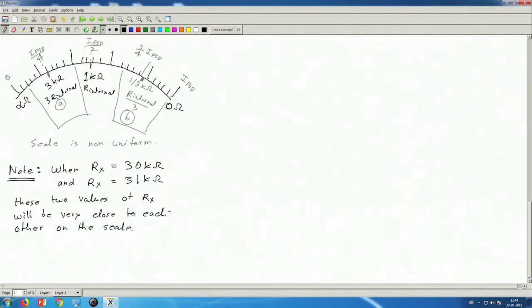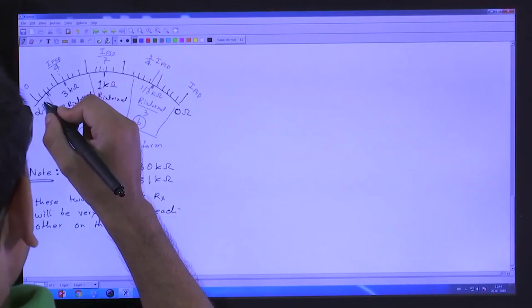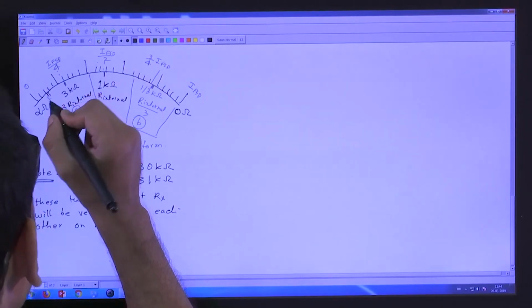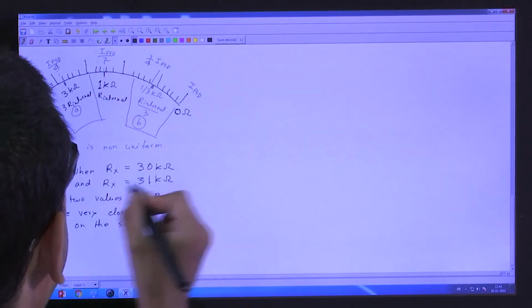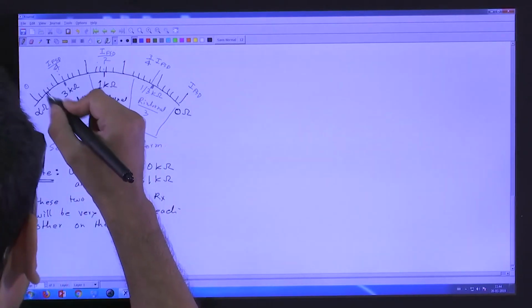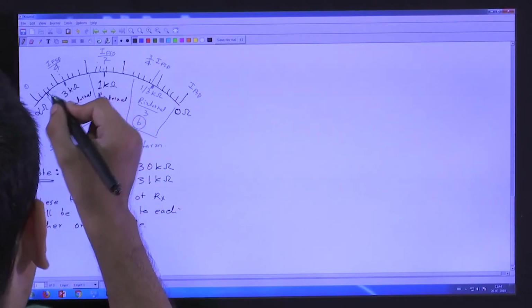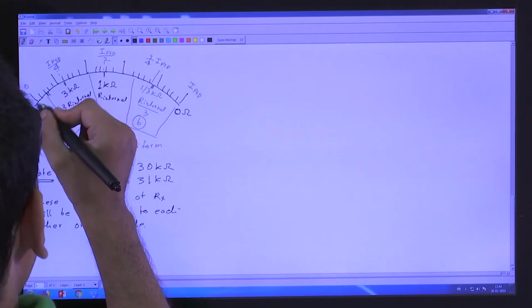Say this is 3 kilo ohm, maybe 30 kilo ohm will be somewhere here, and 31 kilo ohm will be very close to it, and therefore it is very difficult to read the difference between these two, because the pointer will be so close. All high values of Rx are in a very small region.